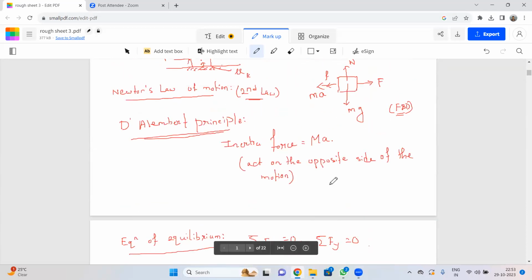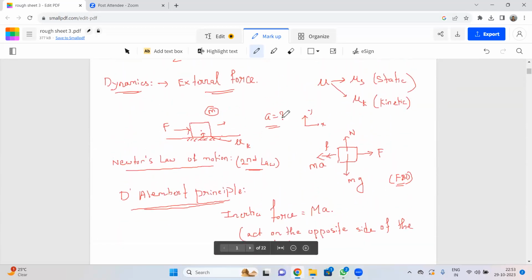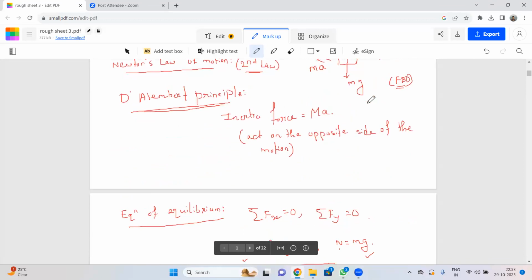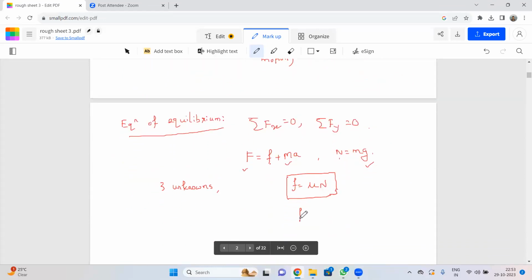If it is given that the block is in the static position, then we need to use mu s, and if it is given that it is moving, then we need to use mu k. That mu value is also given.